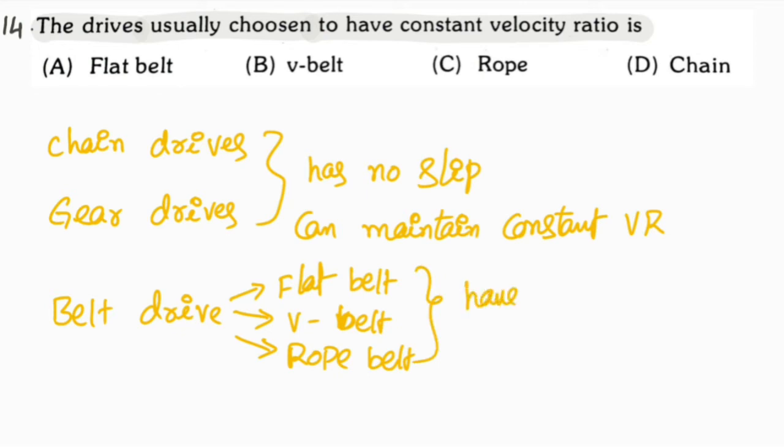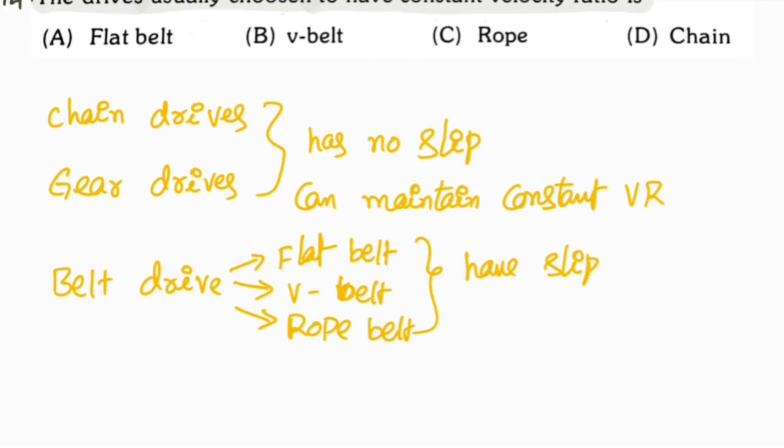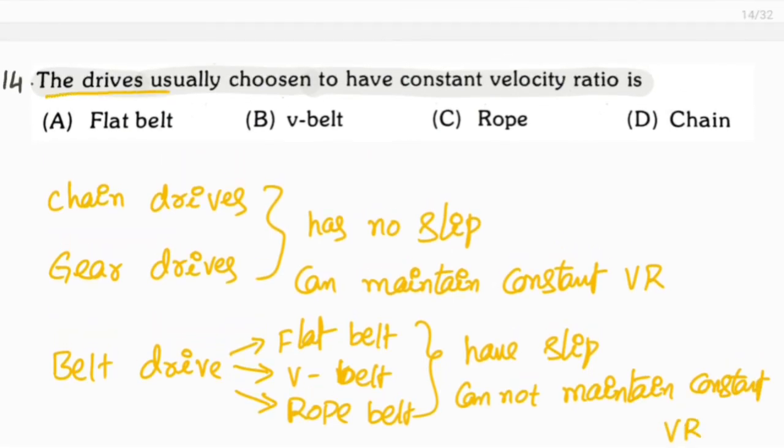Since these are having the slip, they cannot maintain the constant velocity ratio. So it is asked, look at the problem. The drives usually chosen to have the constant velocity ratio: flat belt no, V belt no, rope belt no, option C chain drives. So option D is absolutely correct.